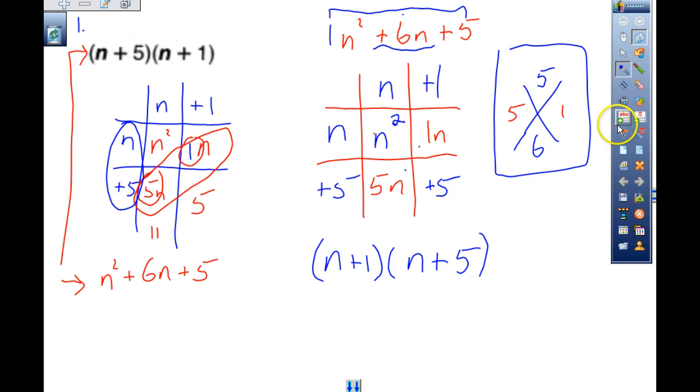Common mistakes before we get started though. A lot of people say whatever's here goes in front, which is not true. The number here is actually the product of these two numbers, the one in front and in back. So in this case, 1 times 5 happens to be 5, but later on, if this was a 2, it would be 10 and 6.